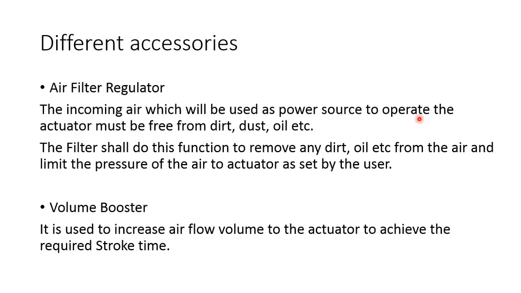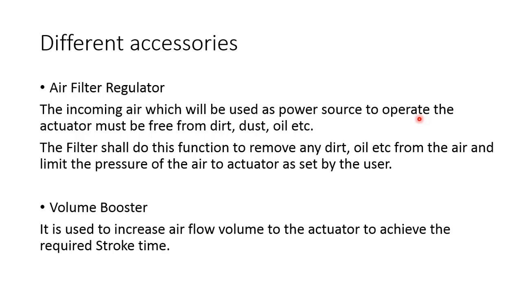So if the compressor is designed at much like 10 bar or 8 bar, and as the air comes up to the air filter regulator, you can regulate the pressure of the air so that you get the exact pressure of the air inside the actuator.